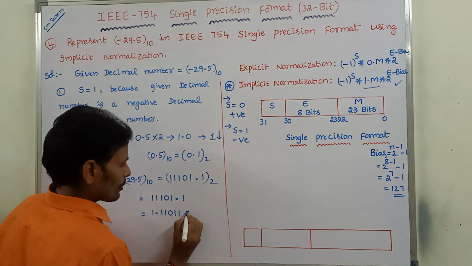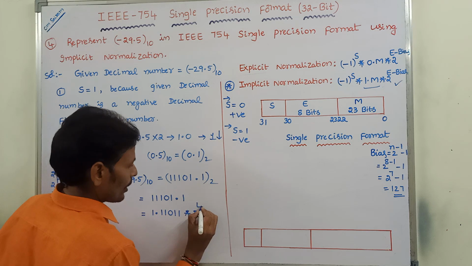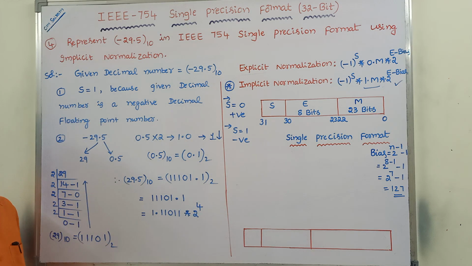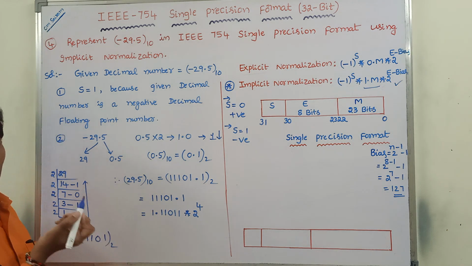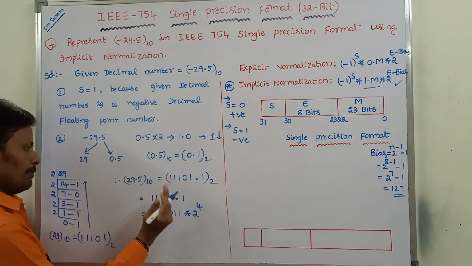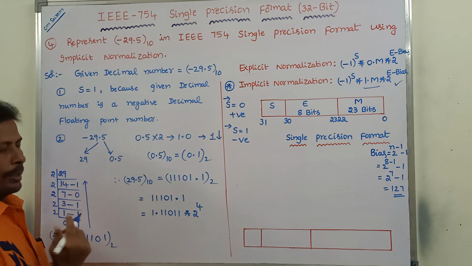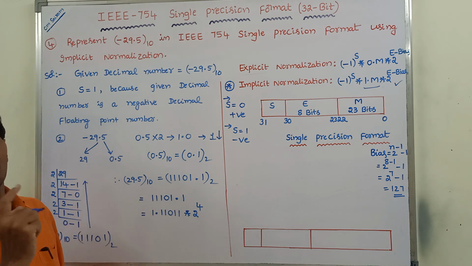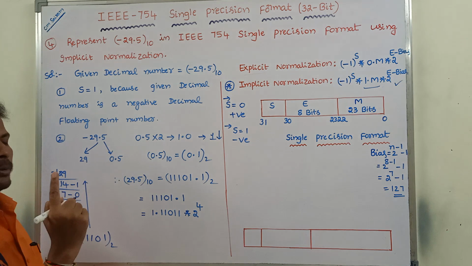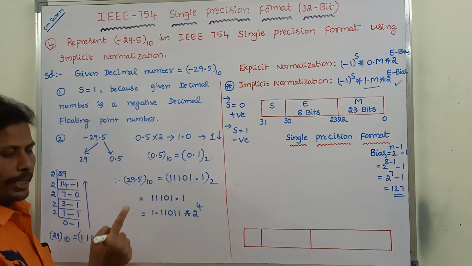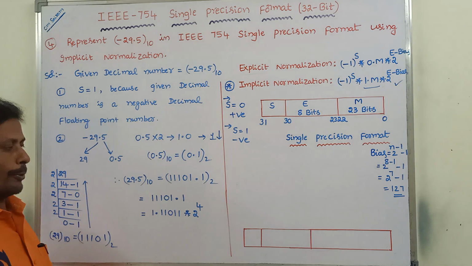Since we moved 4 positions, you have to write 2 power 4. Each time the decimal point is moved from right to left, we use 2 power 1 one time, next another time 2 power 2, next 2 power 3, next 2 power 4.